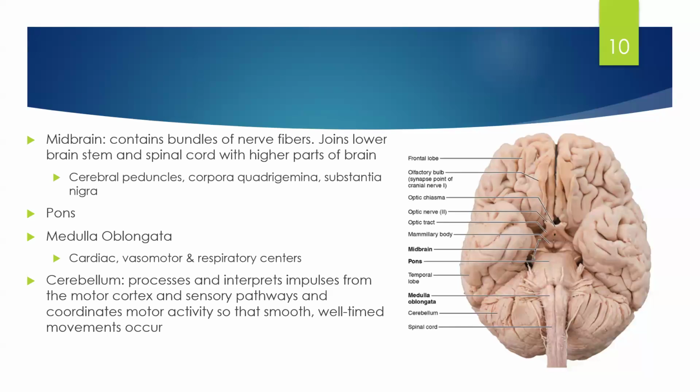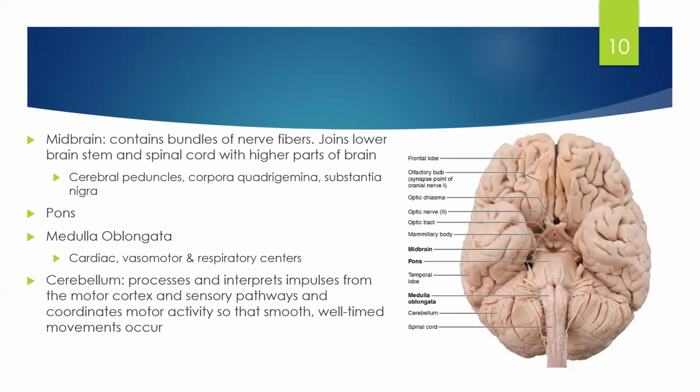And then the medulla oblongata. This is the enlarged continuation of the spinal cord. Who remembers what the large hole at the bottom of the skull is called? If we turn the skull upside down, there's a really big hole.